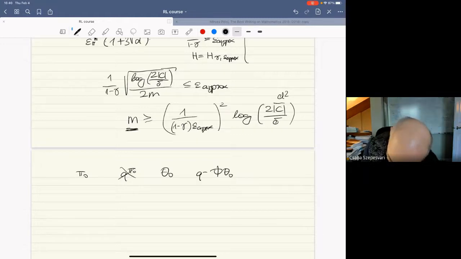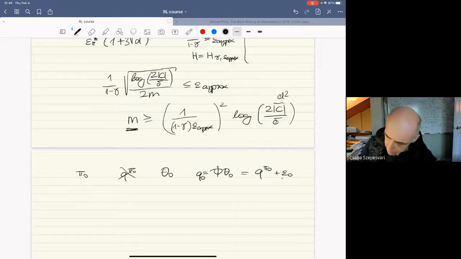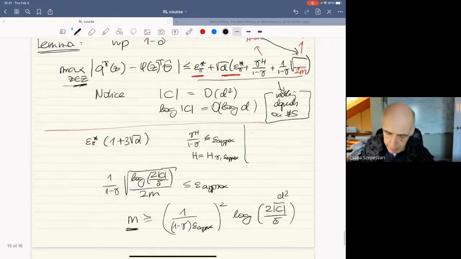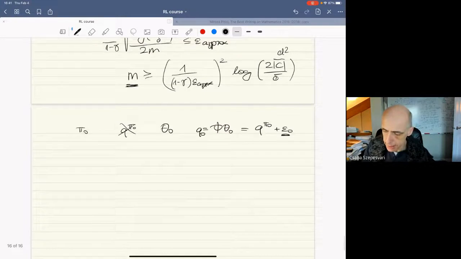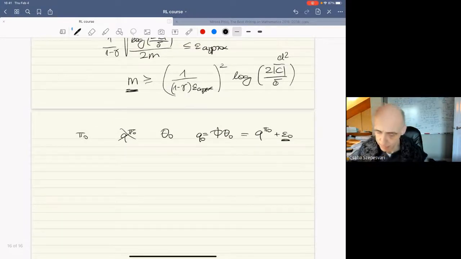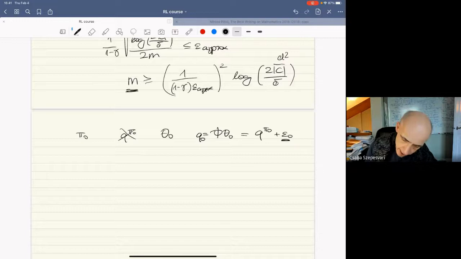That's going to be a guess at what the value function of pi naught would be. But there is a little approximation error here. And we just elaborated how we're going to control it by choosing m big, choosing truncation horizon big. We can control that error, but it's not nothing.